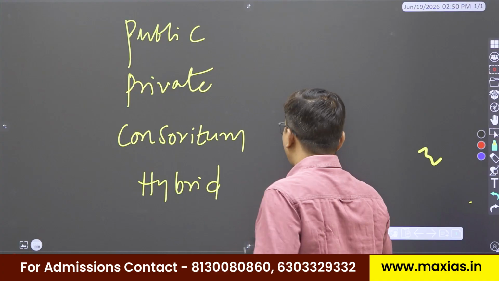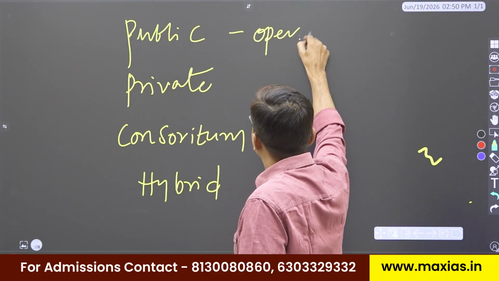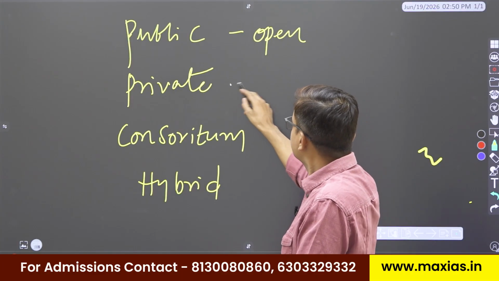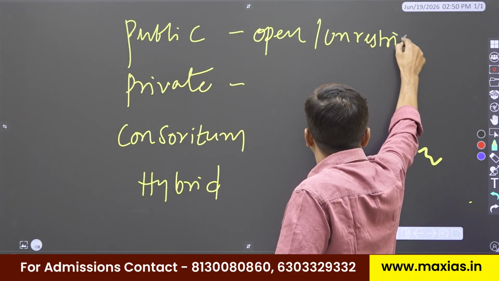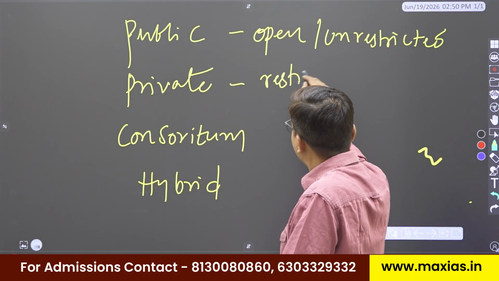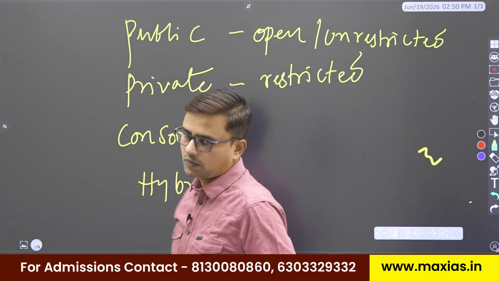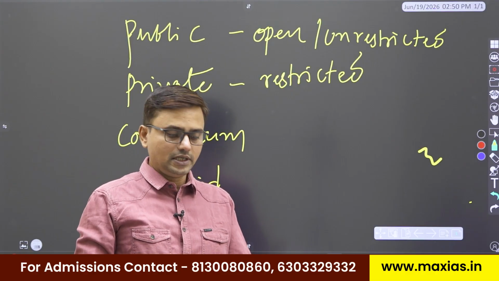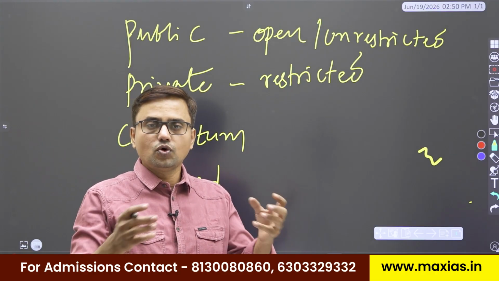Public blockchain is open to everyone, as the name indicates. It is unrestricted. Private is restricted. Consortium, as the name indicates, is owned by more than 2 entities, that is, it is owned by a group.